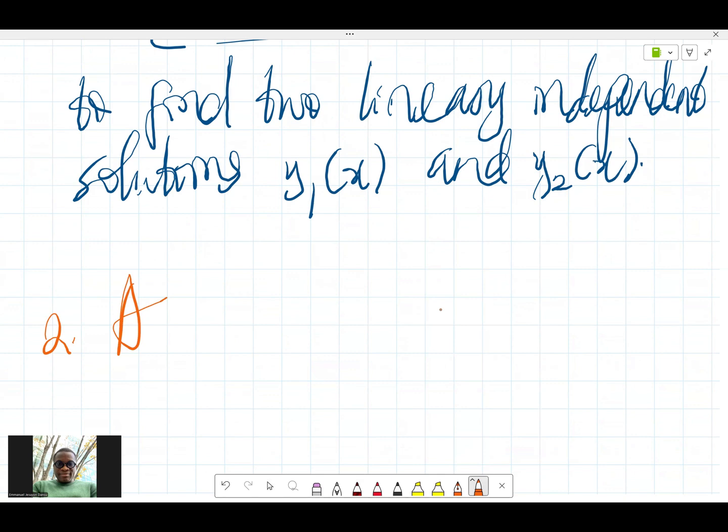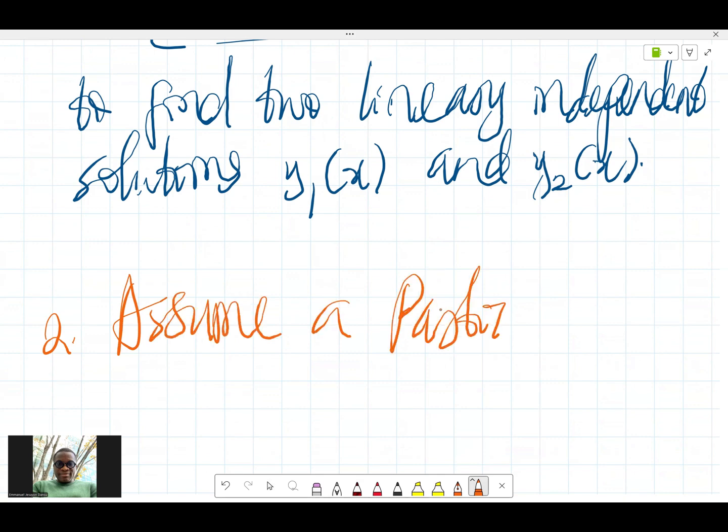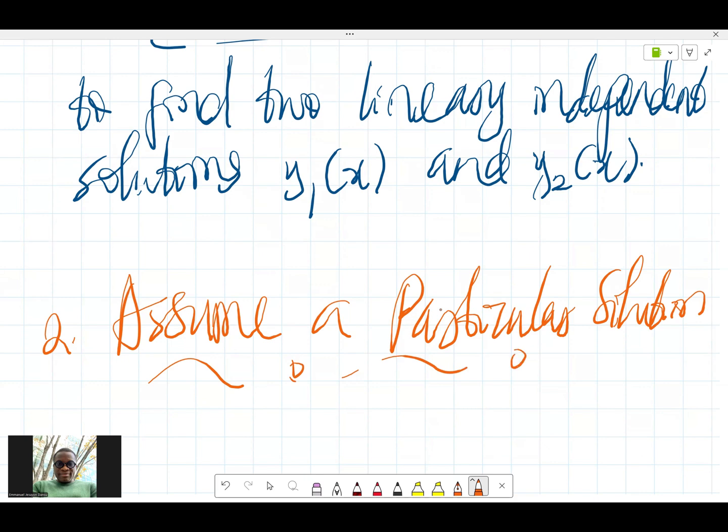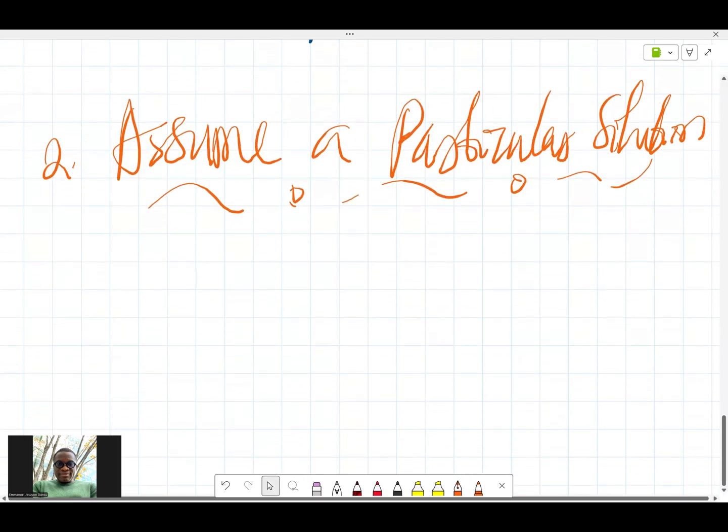In step two, you now assume a particular solution. For the method of undetermined coefficients, we had to guess a particular solution. The approach here is like that, but a bit different.